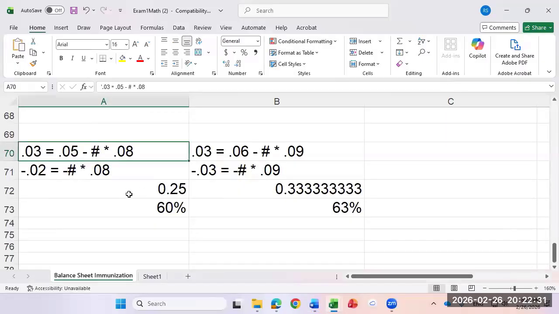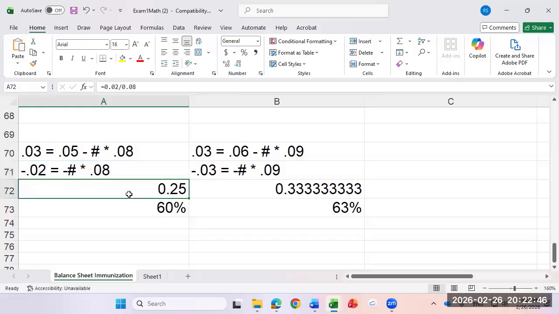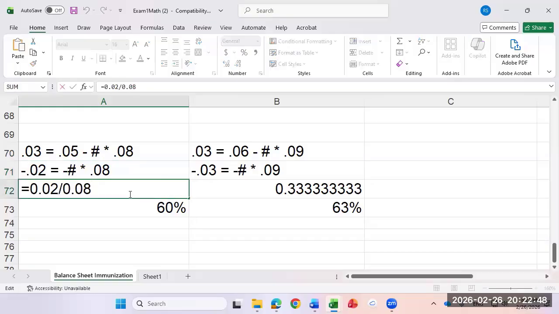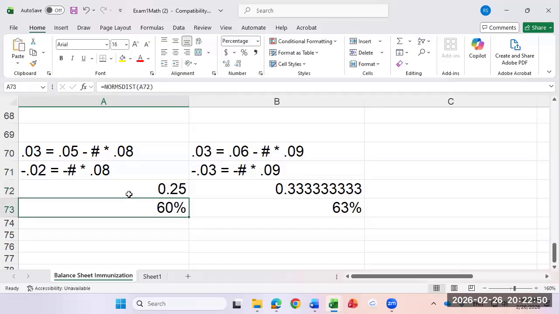So you've got 0.03 equals 0.05 minus the number times 0.08. Everybody agree with that? You take the 0.05 over, you get negative 0.02 equals minus number times 0.08. That gives you 0.02 divided by 0.08, which gives you 0.25.